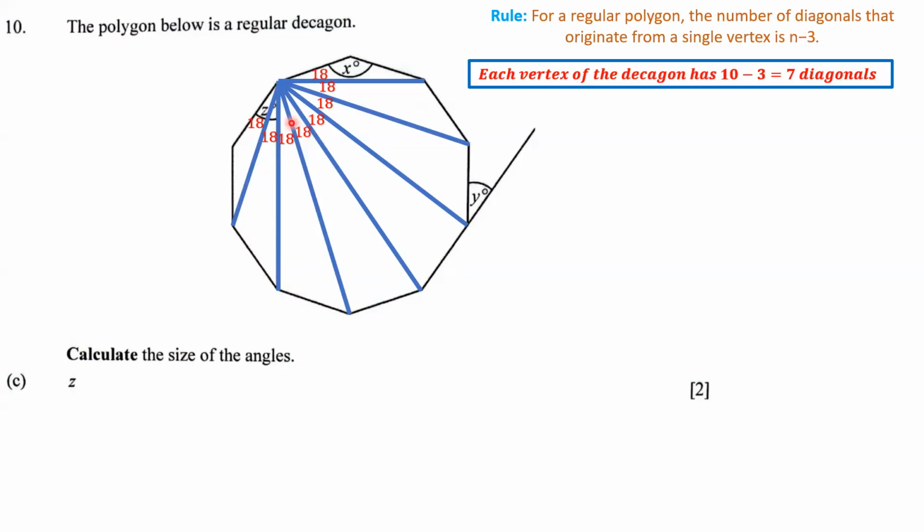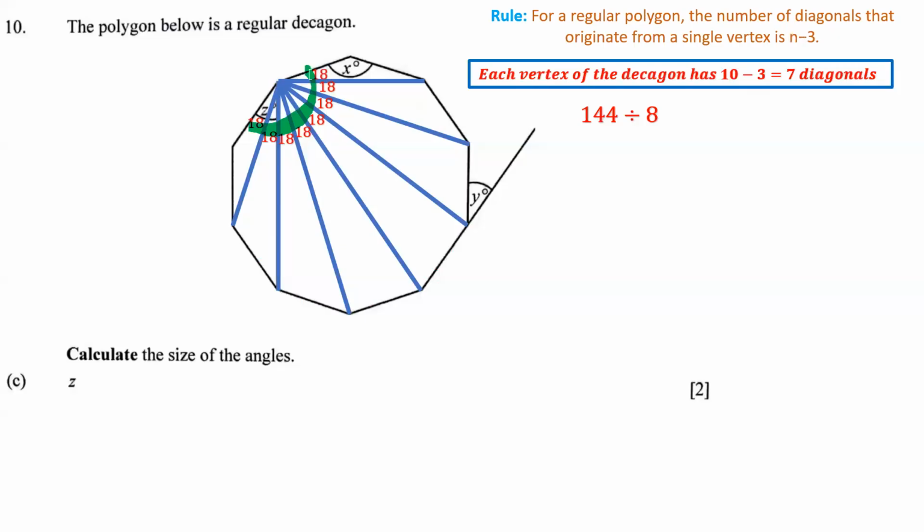Now, why is that important? It's important in finding what Z is. If we know that we can draw 7 diagonals, what we need to figure out is the amount of degrees in between these diagonals. I have 18 here, but how did I get 18? Remember that the total size of our interior angle was 144.